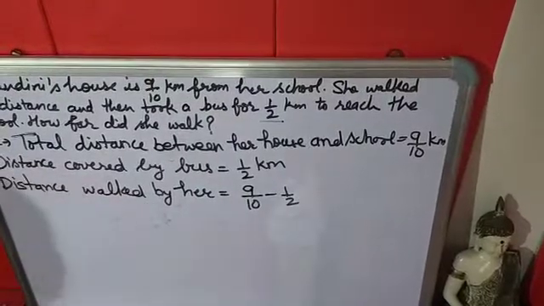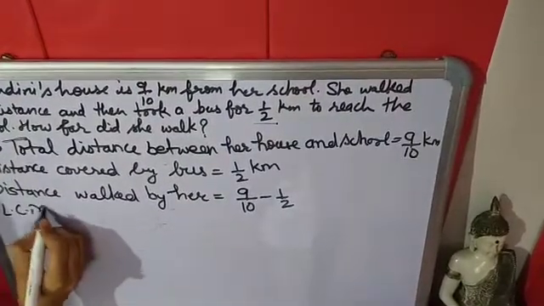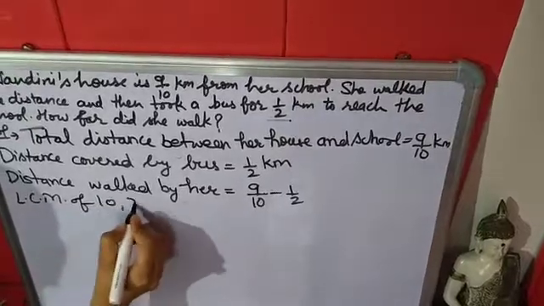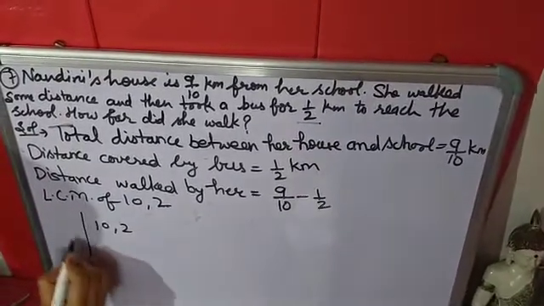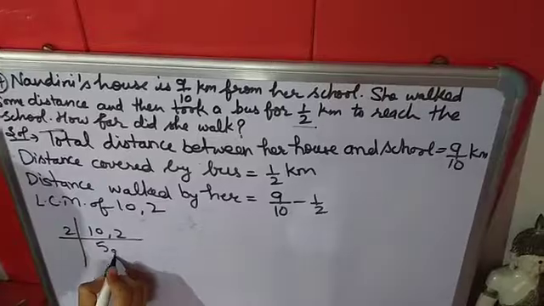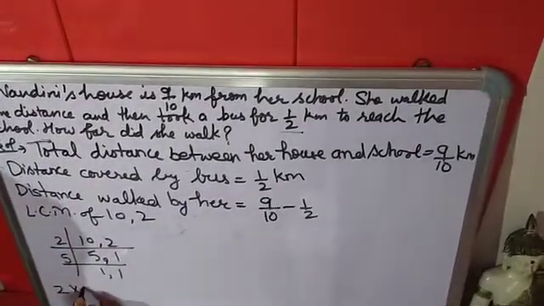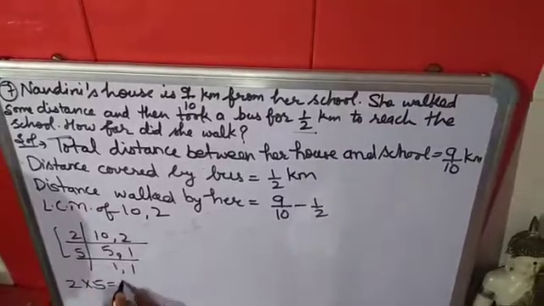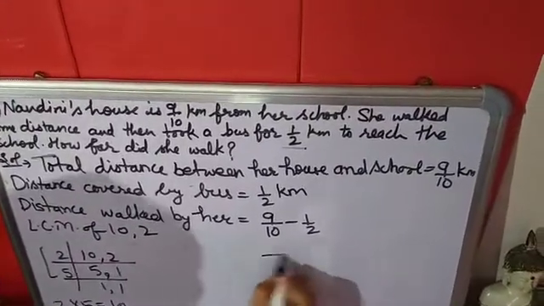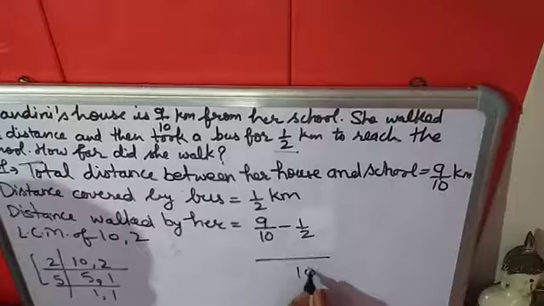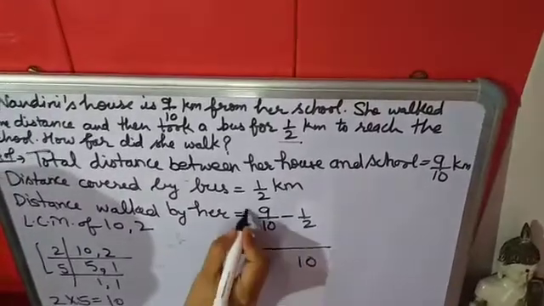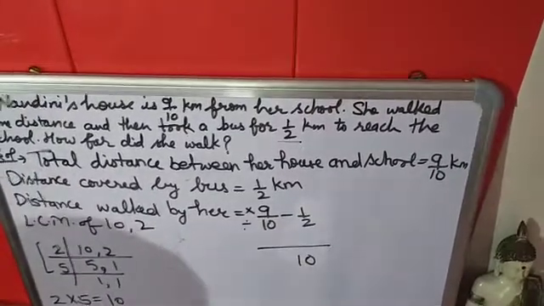Again denominators are different, so we will take LCM of 10 and 2. Here we will use prime numbers. It will go on 2. Then 5 is a prime number. It will go on 10, 5. So we will multiply these prime numbers. It will be 10. So LCM will be 10. Leave one line and write 10. For this you will do divide, for this you will do multiply.